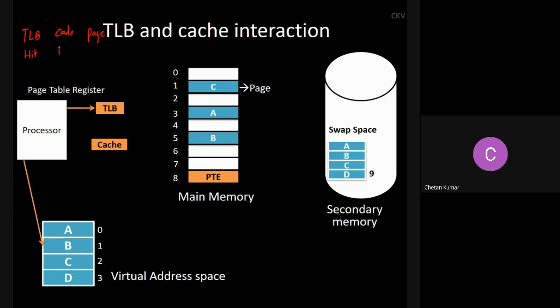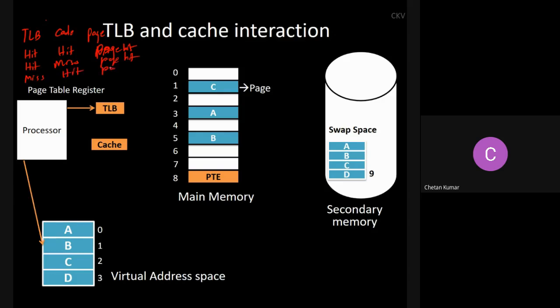Initially we discussed the hit case, which is page hit only. The next case I discussed is TLB miss, but it's still a page hit, because the information is still available in the main memory. The third case I discussed was a miss here and a hit here.